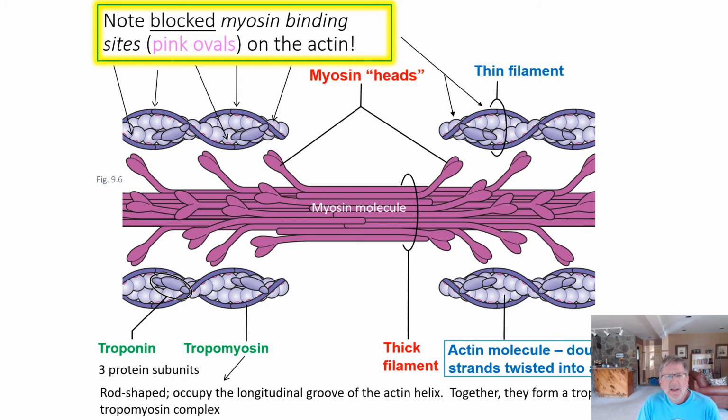So every once in a while you see a little pink structure here on each of these circular structures, ovals, and this is where the myosin paddle, the head of the molecule, is going to try to come up and grab onto the actin if it can, but now it can't because the tropomyosin is blocking those binding sites, right? The paddle of the myosin can't come up and grab on to those actin proteins as we see it on the diagram. Therefore, that particular sarcomere can't contract.